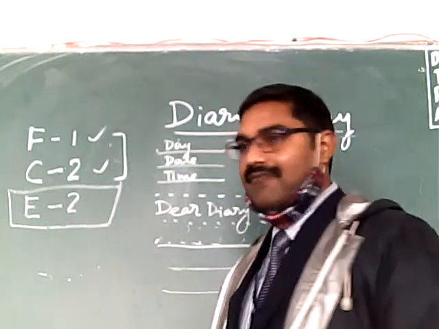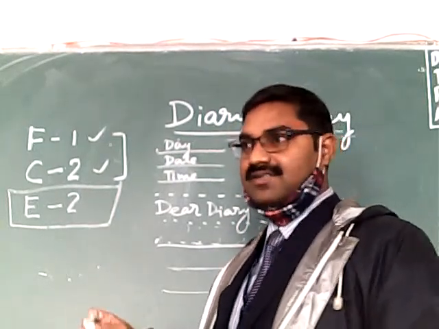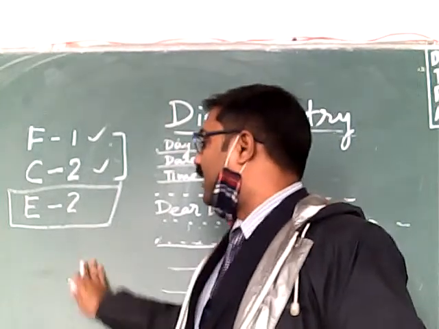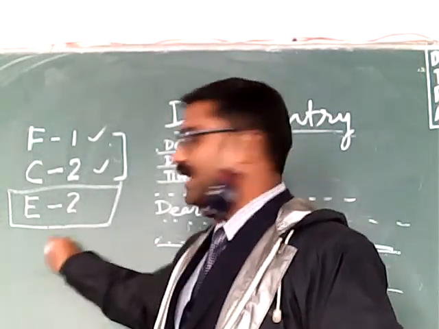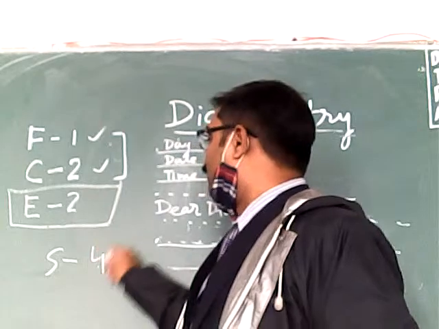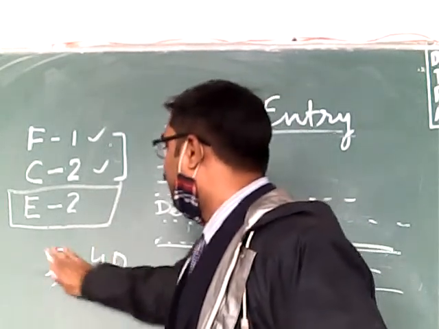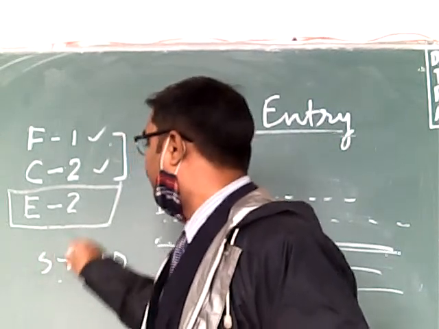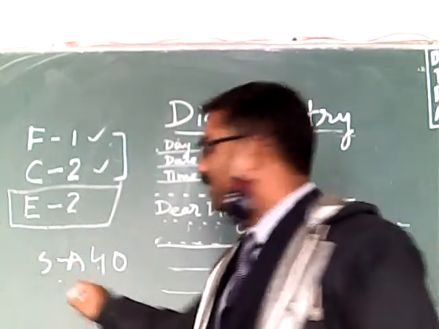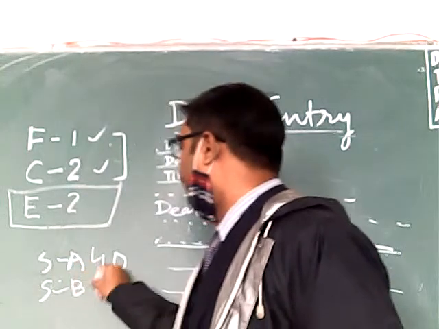I have already discussed this, but once again let me tell you that there will be two sections. Section A will be for 40 marks and section B will also be for 40 marks.